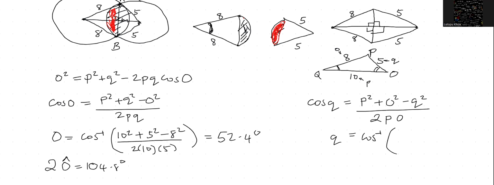P squared is 5 squared plus 10 squared minus 8 squared. Sorry, that's not right.